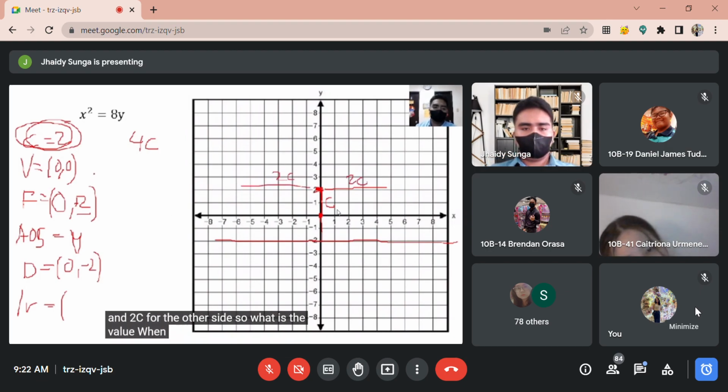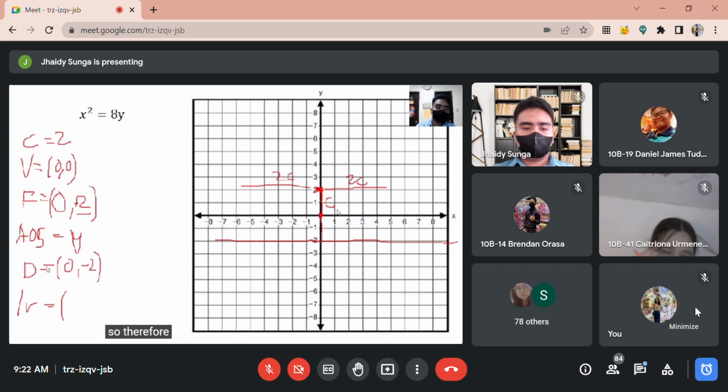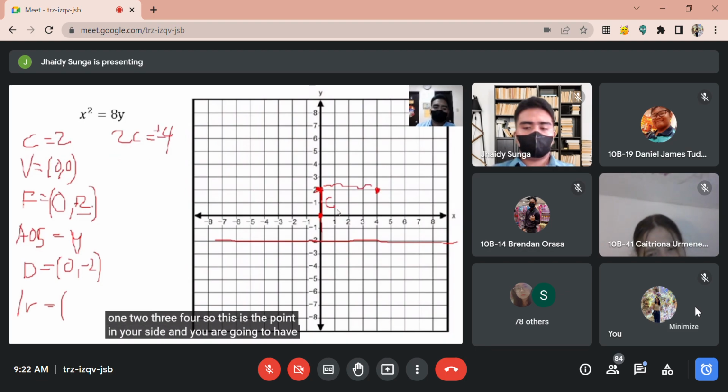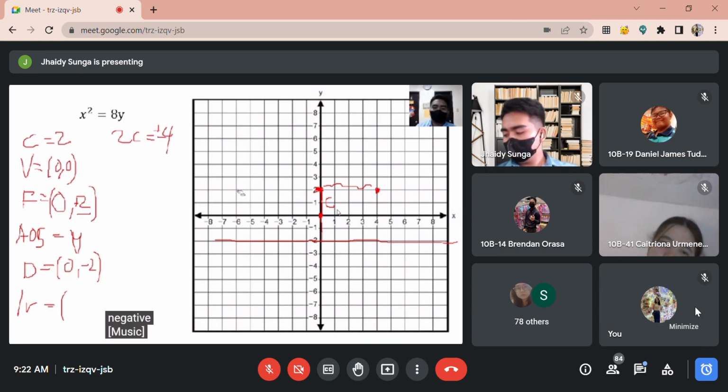When you multiply 2 by 2, it is 4. So you have 2c is equal to 4. So you are going to have the points at your side, 1, 2, 3, 4, and you are going to have negative as well, because when you add, you subtract as well.